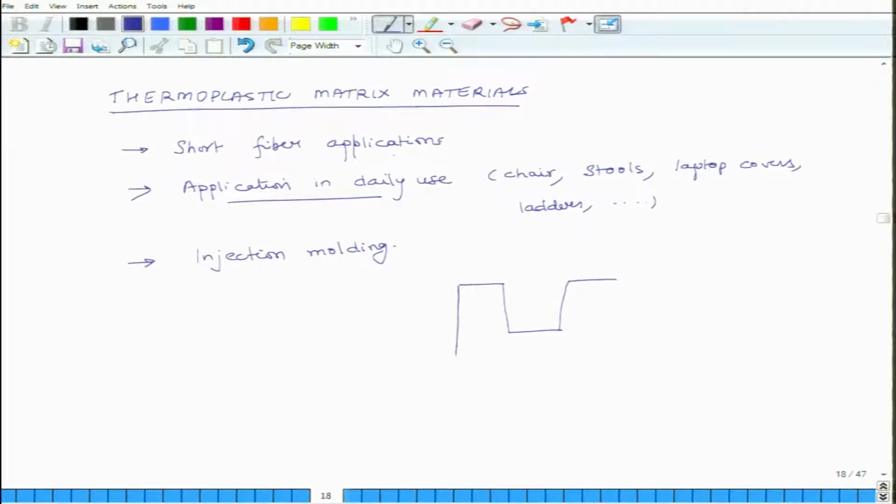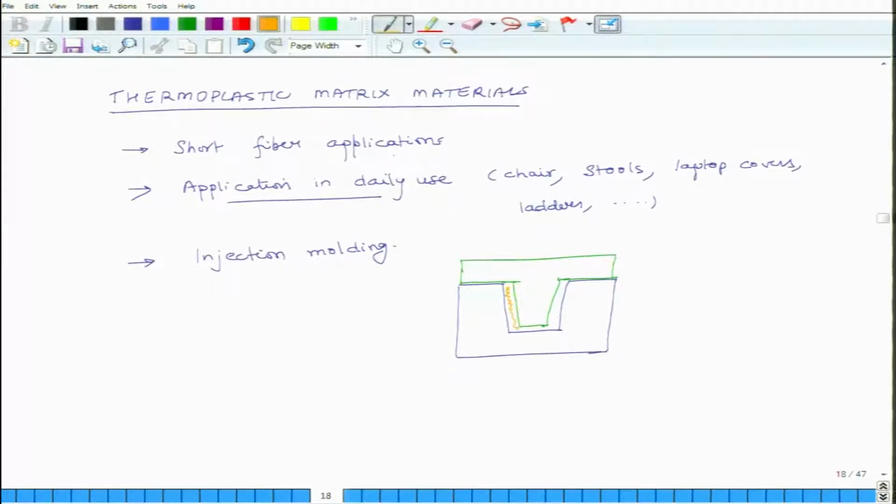This is a block of steel, and then on that you will put another block of steel. So, what you have here is a cavity.